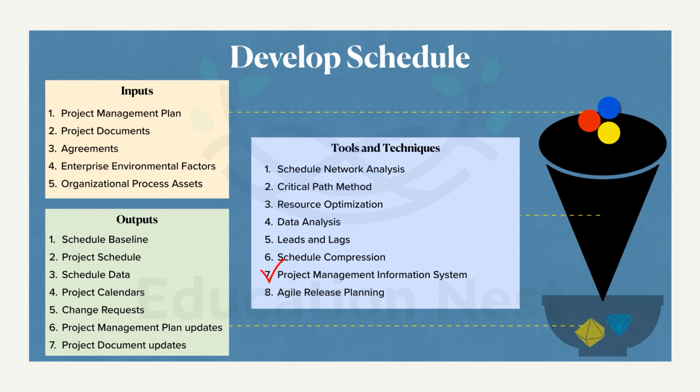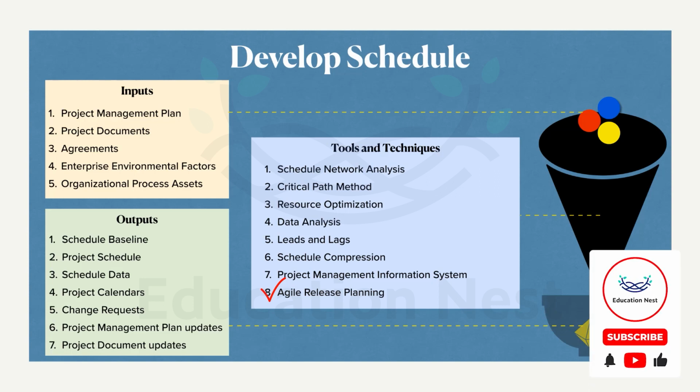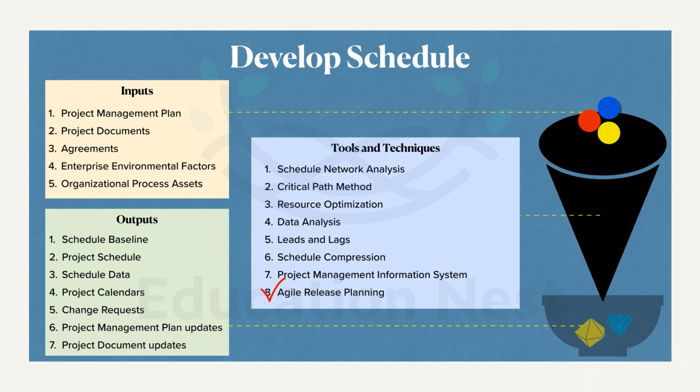And then PMIS, also an important thing, and agile release planning. What happens here? The agile process, iterations and their associated outputs can be shown here as tools and techniques. This is the favorite tool of the customer, guys. Always remember, because it gives us continuous feedback, right? Every now and then we have feedback about what tasks are done, what tasks are pending, how many tasks we still have to do to finish our project, and in how much time we can do it.